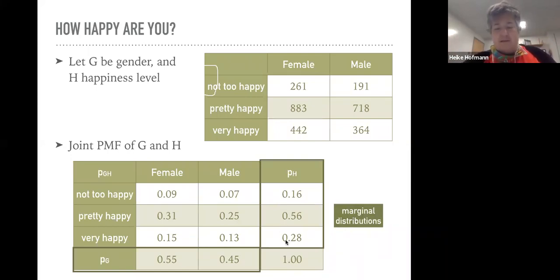So this is the probability mass function for happiness overall, and this is the probability mass function for gender overall. So we see that in our survey, 55% of the respondents were women and only 45% were men, which is why women always seem to have higher numbers regardless of the happiness level. That's because we've got more women in the sample overall than men.